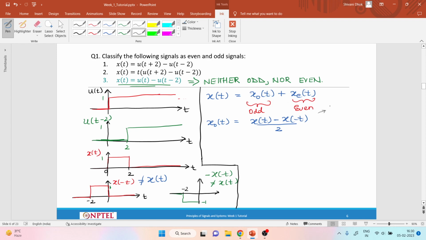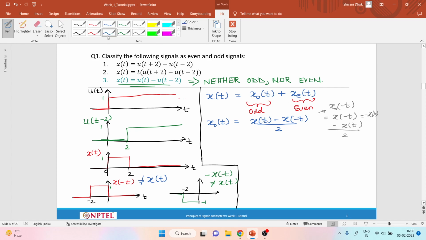So look at this x odd of minus t. So this comes out as x of minus t minus of x of t by 2, which we can simply say is equal to minus of x odd of t.